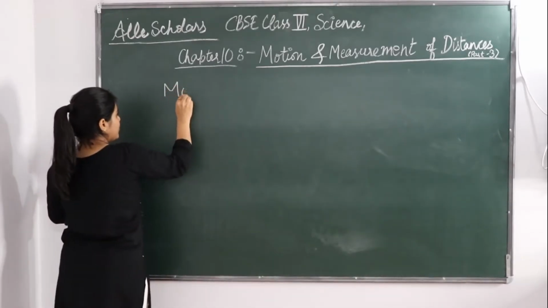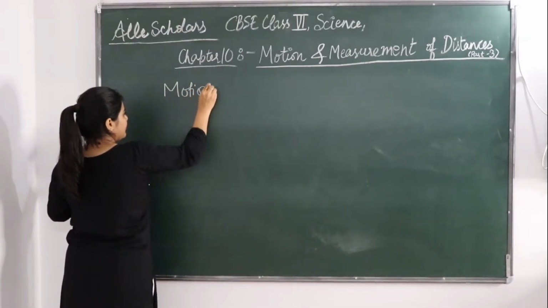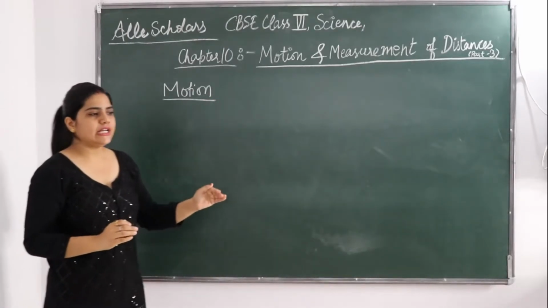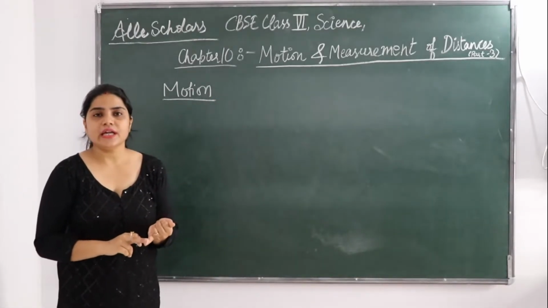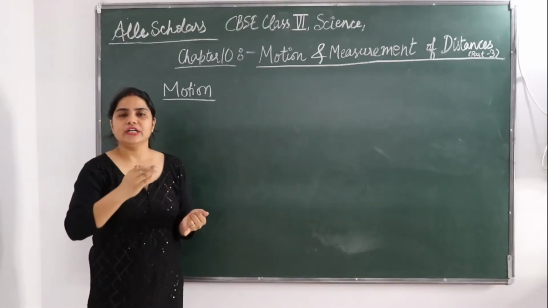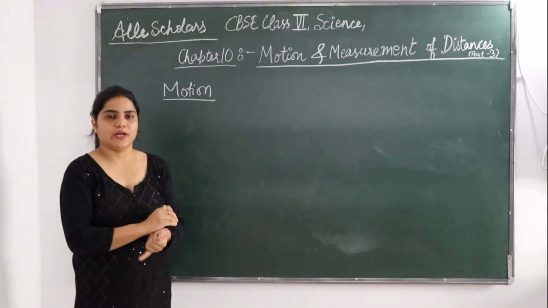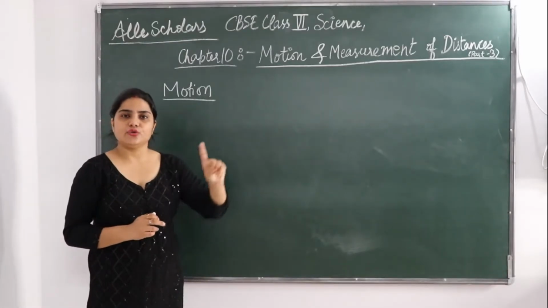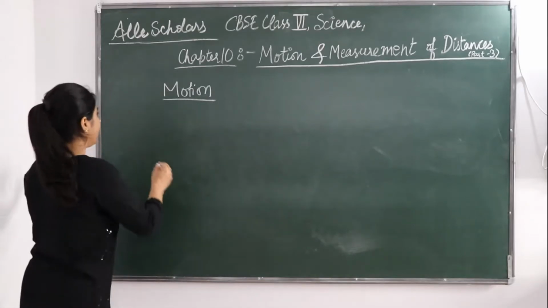First we will see motion. So in motion what is happening? When the position of a body changes with the passage of time. जैसे जैसे टाइम पास हो रहा है बॉडी का भी पोजीशन चेंज हो रहा है या कोई पर्टिकुलर ऑब्जेक्ट का पोजीशन चेंज हो रहा है, then it is said to be in motion. Okay?